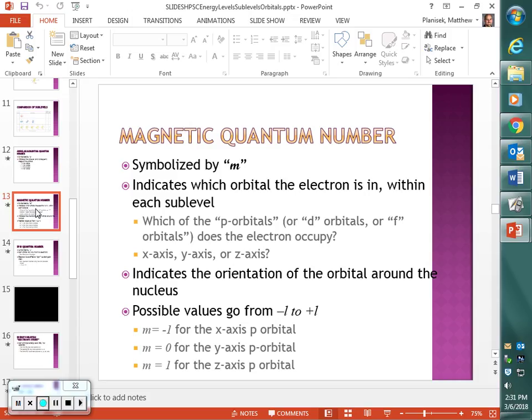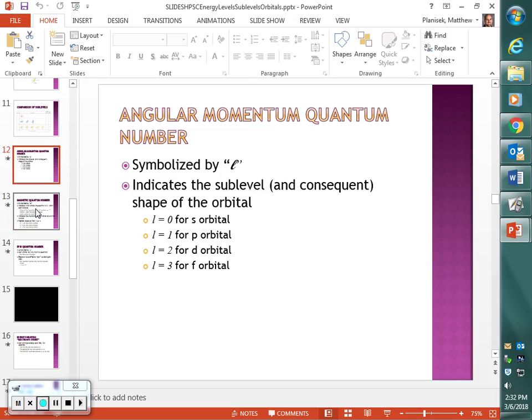And so that means that we limit the number of values of M, the number of orientations there can be, based on the shape. So L is a shape thing, right? And we said that for p orbitals, L is equal to 1, okay?